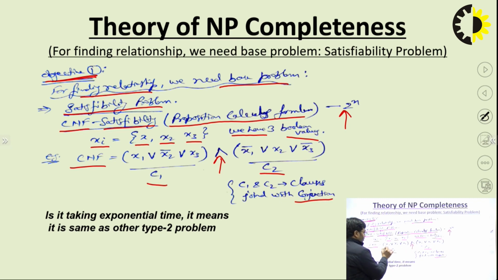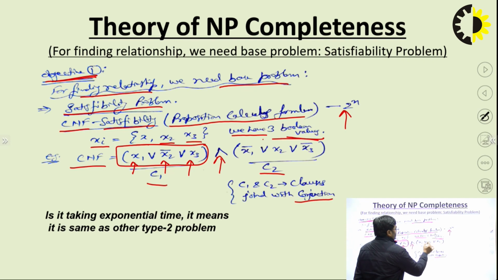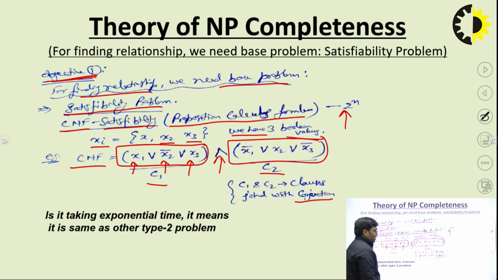The C1 clause has x1 or x2 bar or x3 bar. This is the C1 clause and this is the C2 clause. The C2 clause has x1 bar or x2 or x3 bar.